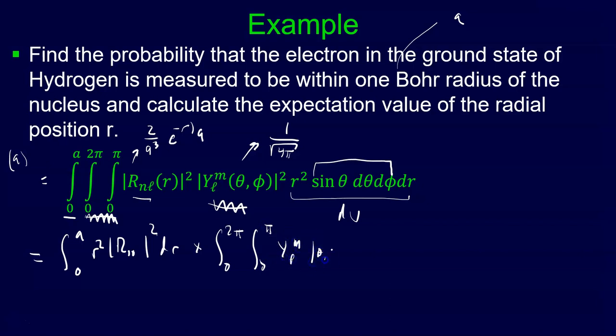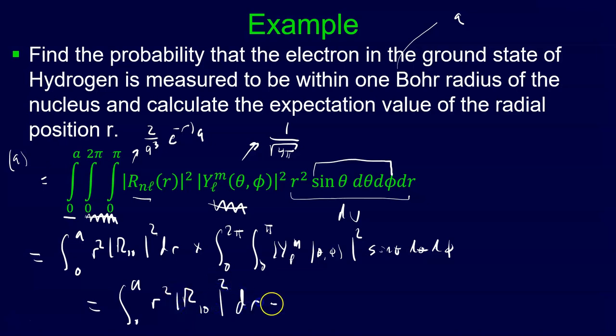Of course, these spherical harmonics are normalized individually, so this part just equals 1. The actual integral we need to do is this one here, r squared times the absolute square of R10 dr. Even just setting up these triple integrals can be a little bit tricky, so you want to get some practice doing that.